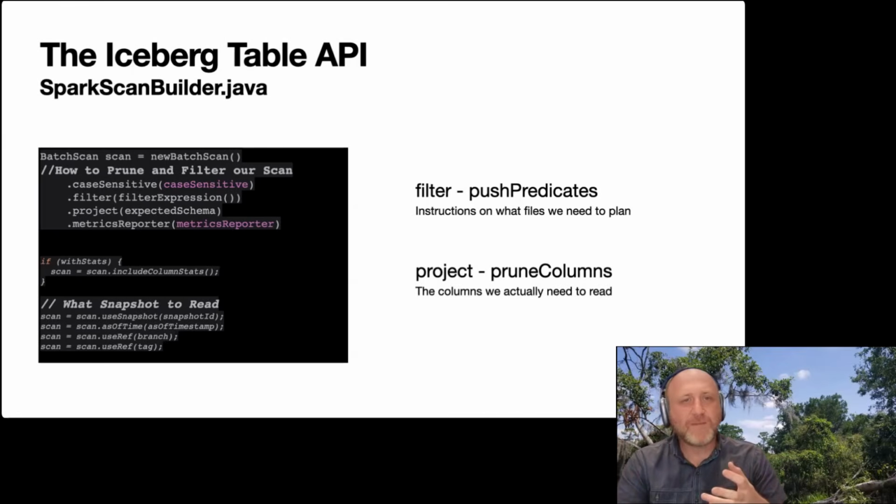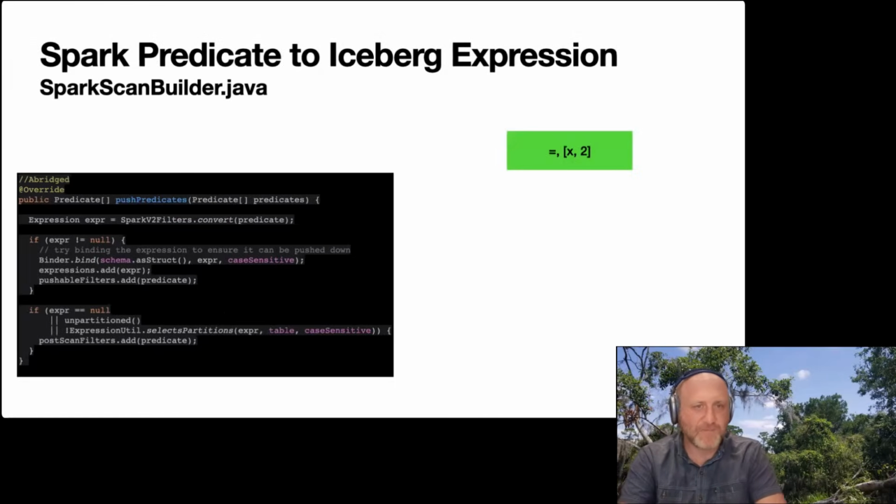Both of these get passed into Iceberg code, and they're implemented in a pretty straightforward way. For example, the Spark API is going to call push predicates on the scan object that it's making inside of our Iceberg code, with a bunch of Spark predicates. At the top of this function, we have this Spark method called push predicates, which takes a bunch of Spark predicates and returns a bunch of Spark predicates.